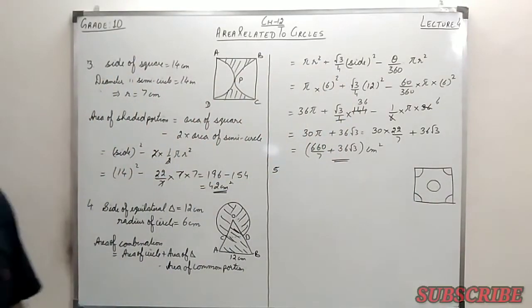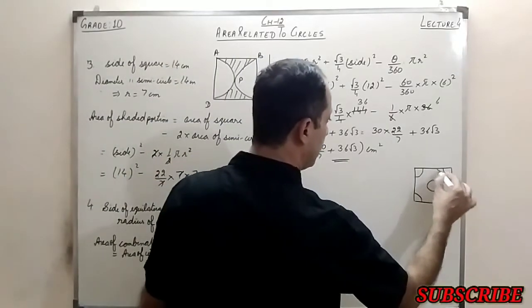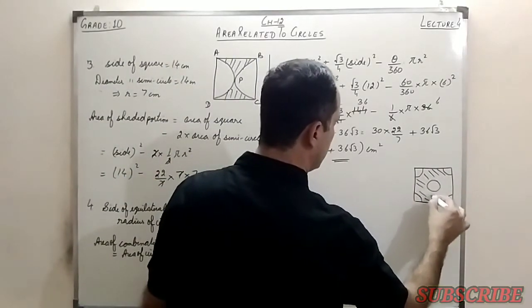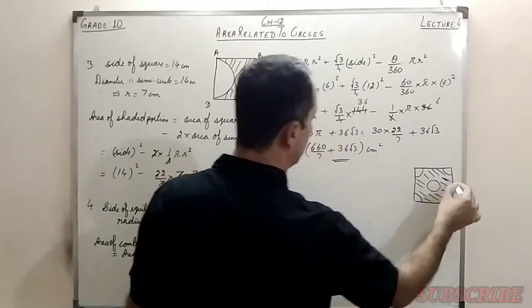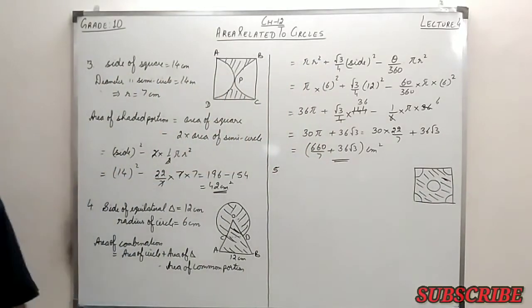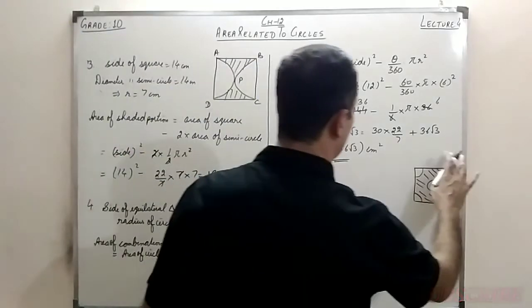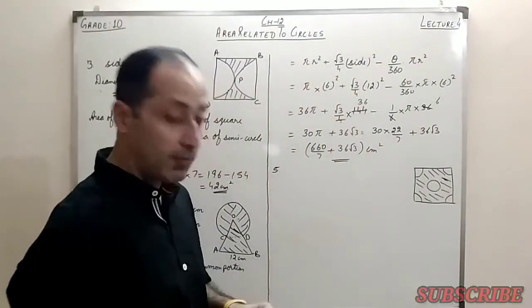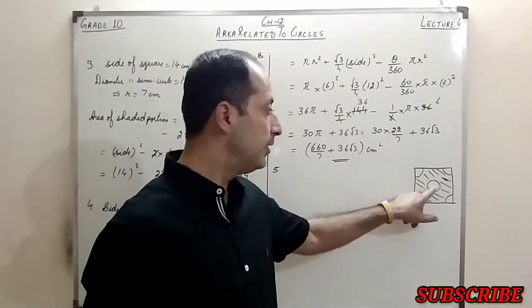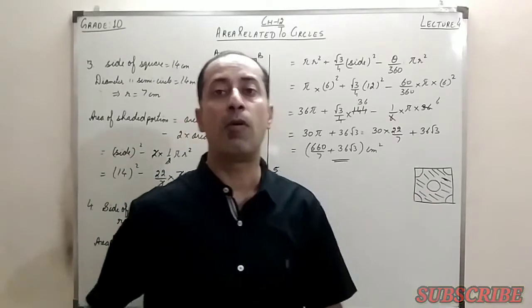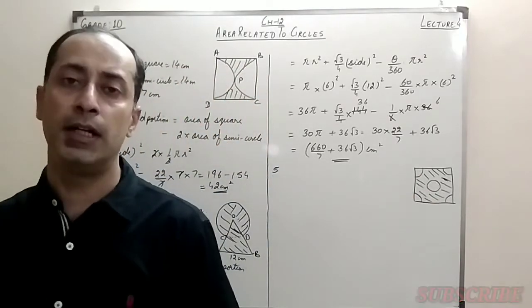Now, the remaining portion, this is the shaded portion here. Now we have to find the area of shaded portion. If we see carefully what we have, this is a complete square, and from the square what we are subtracting is this circle and these 4 quadrants, that is 1/4 of the circle.